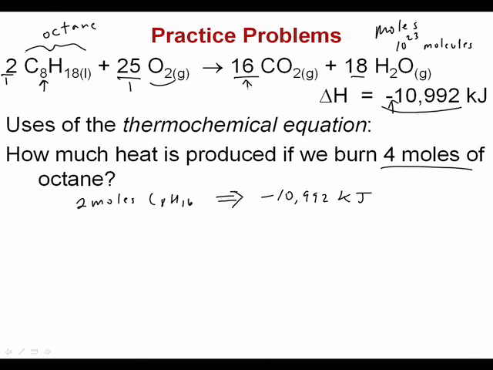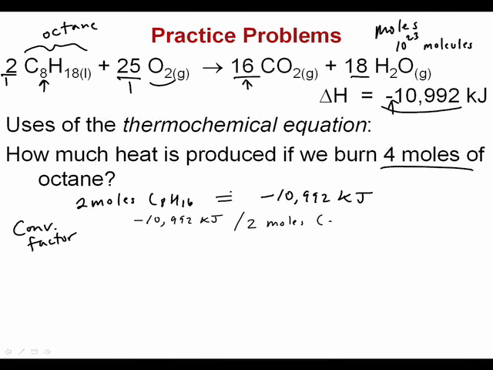I'll use this as a conversion factor by making this an equal sign. Remember that it's equivalent to, so we can write that as an equal sign, and dividing both sides by 2 moles, this tells me that I get 10,992 kilojoules for every 2 moles of octane.